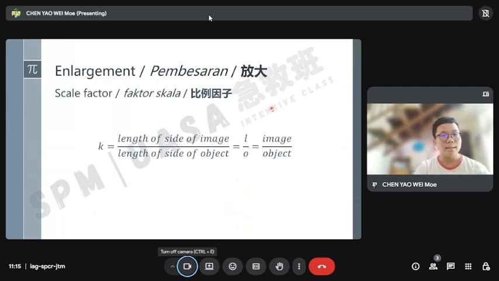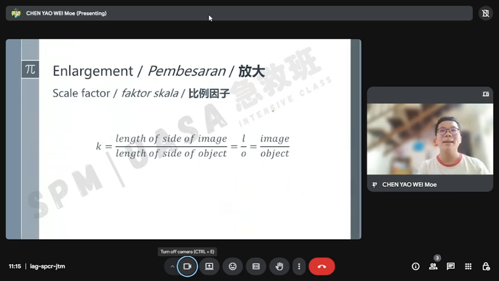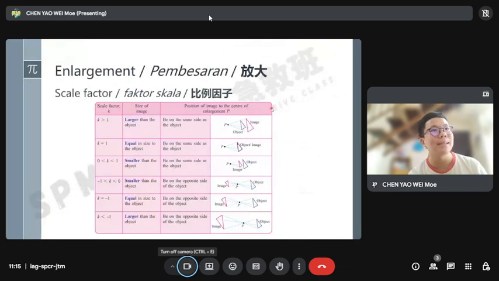And k, the scale factor, has its own characteristics. If k equals 1, the object and the image are the same and touch at the same point.